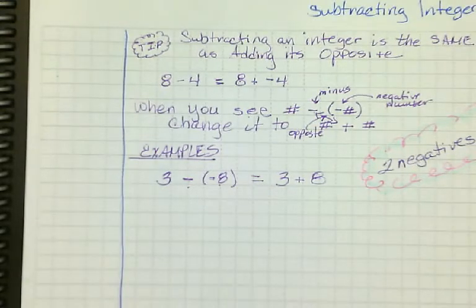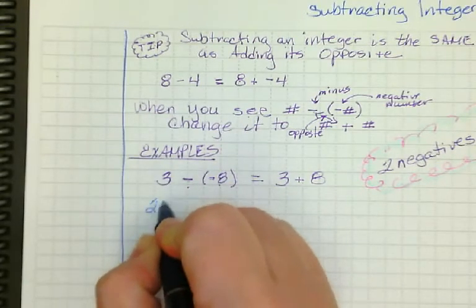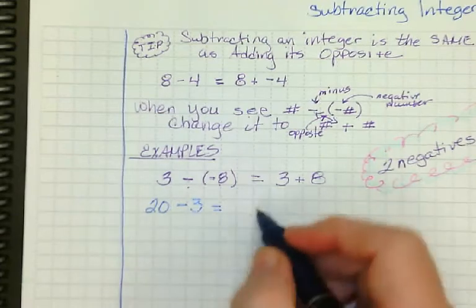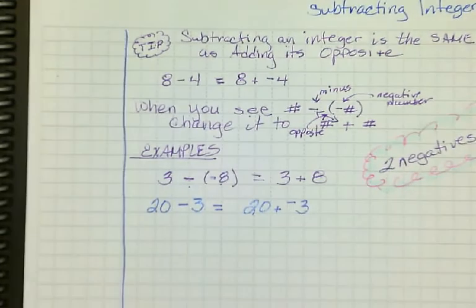Okay, so let's just do another example. We've got 20 minus 3. That's the same thing as 20 plus negative 3.